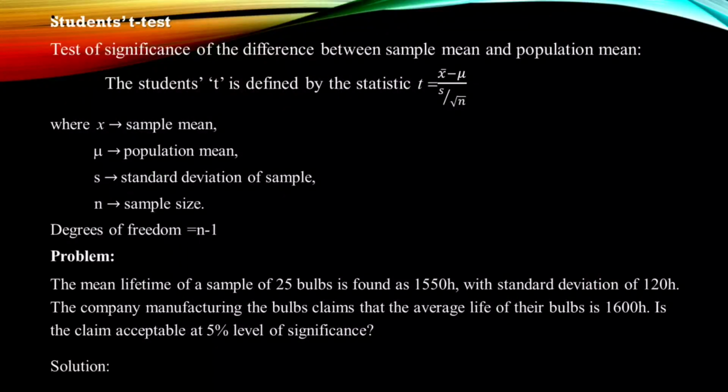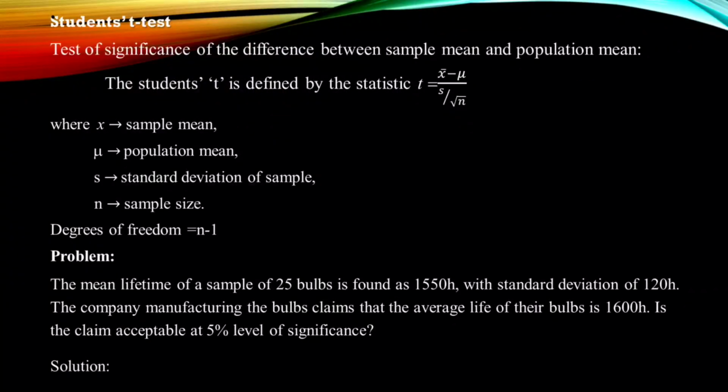Now let us see a problem based on this. The mean lifetime of a sample of 25 bulbs is found as 1550. That means a sample of 25 bulbs, so the n value is 25, and the mean lifetime of the sample, so the x bar value, is 1550. Then the standard deviation value is given as 120.